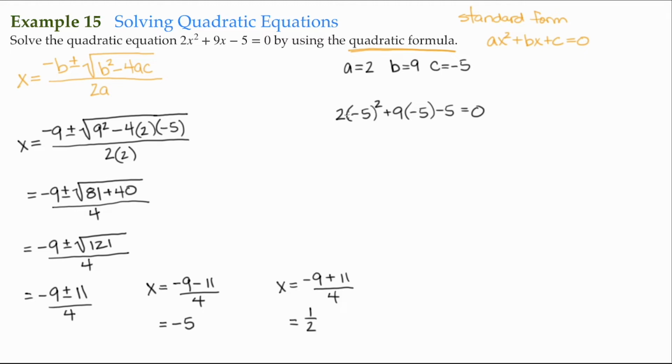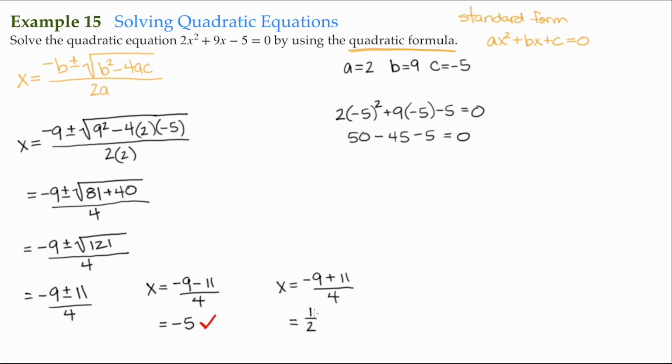That's 25. 2 times 25, that's 50. 9 times negative 5, that's negative 45. And of course, minus 5. 50 minus 45 minus 5 does equal 0. So this is one of the solutions.